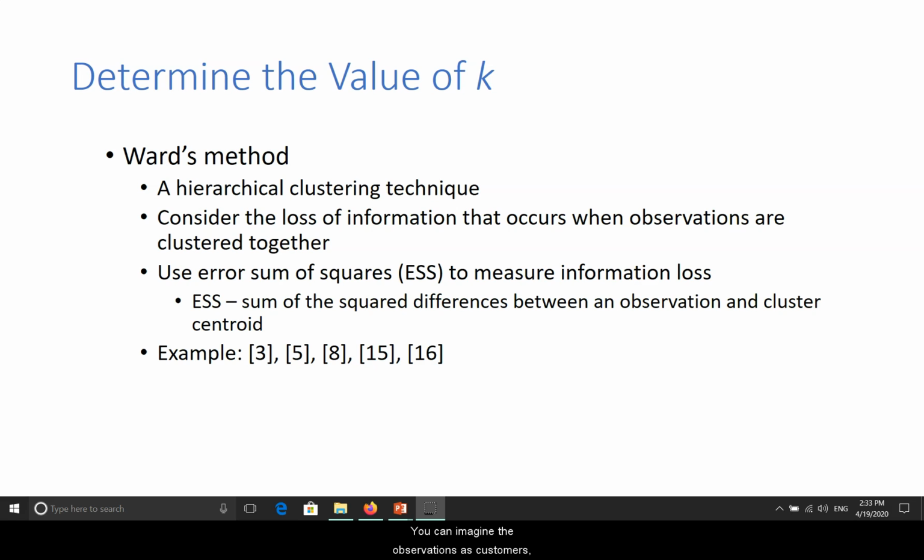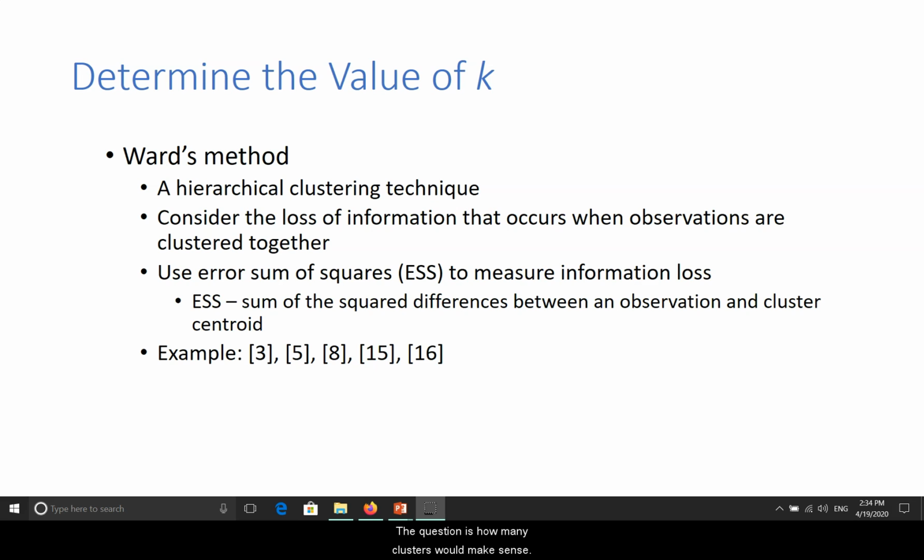You can imagine these observations as customers, and the input variable to be anything, such as income, age, length of being a customer, annual spending, and so on. Our goal is to cluster these observations into clusters that are relatively homogeneous within each cluster.